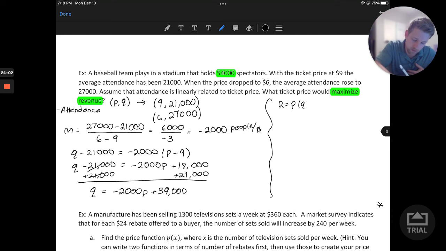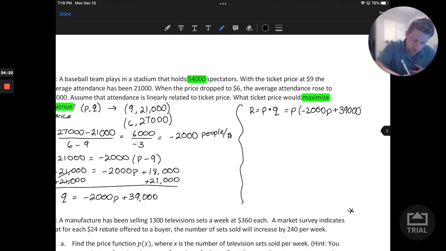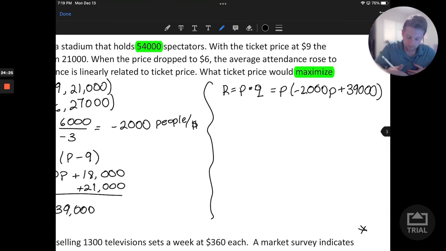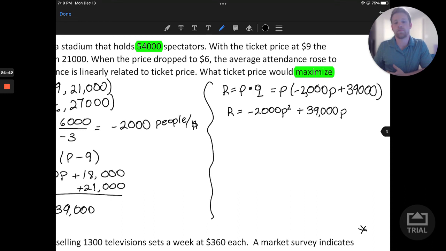So we have P times Q, which is P times negative 2,000 times the price plus 39,000. We'll do a little bit of rearranging here, distributing to get negative 2,000 P squared plus 39,000 times the price.